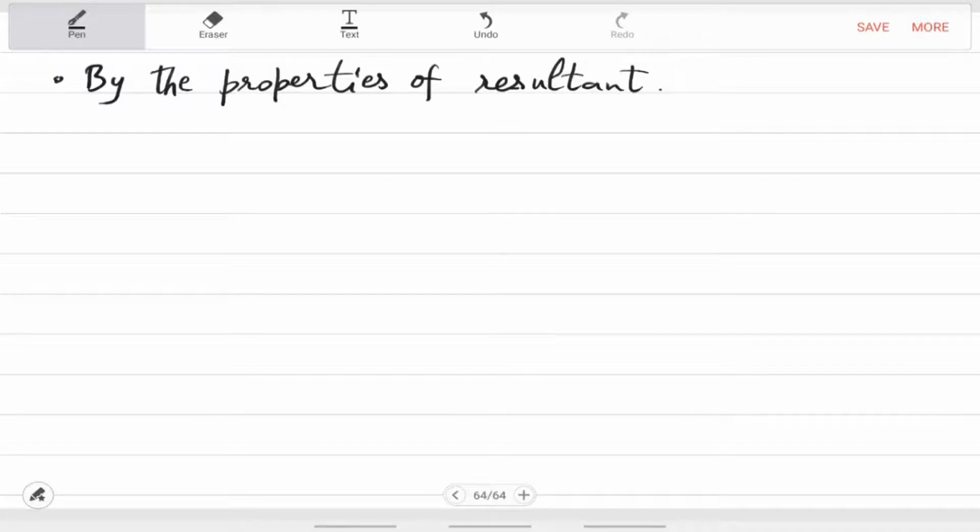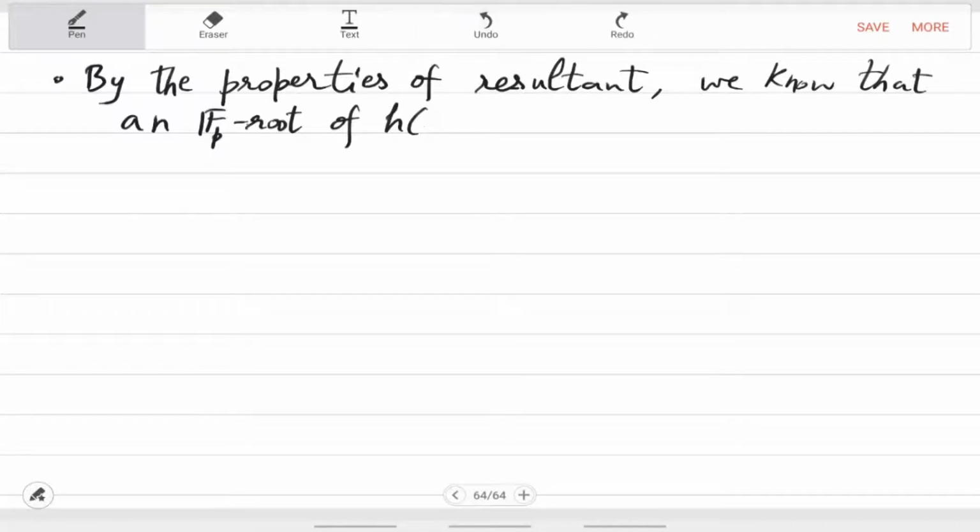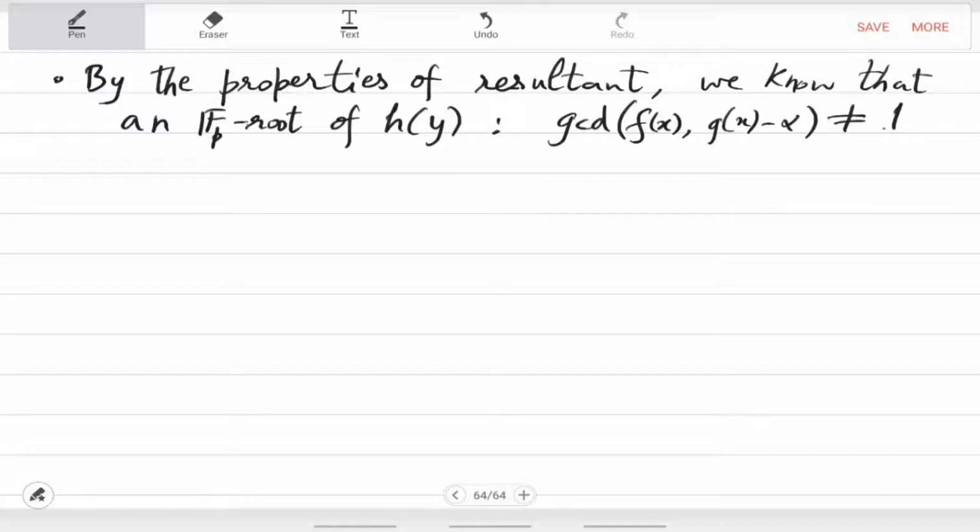By the properties of the resultant, we know that an Fp root of H always satisfies this. And this Fp root I am calling alpha.